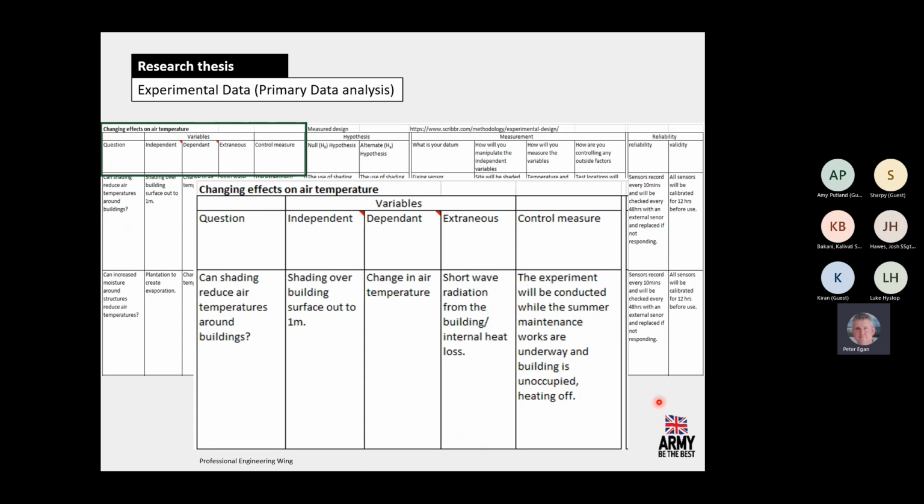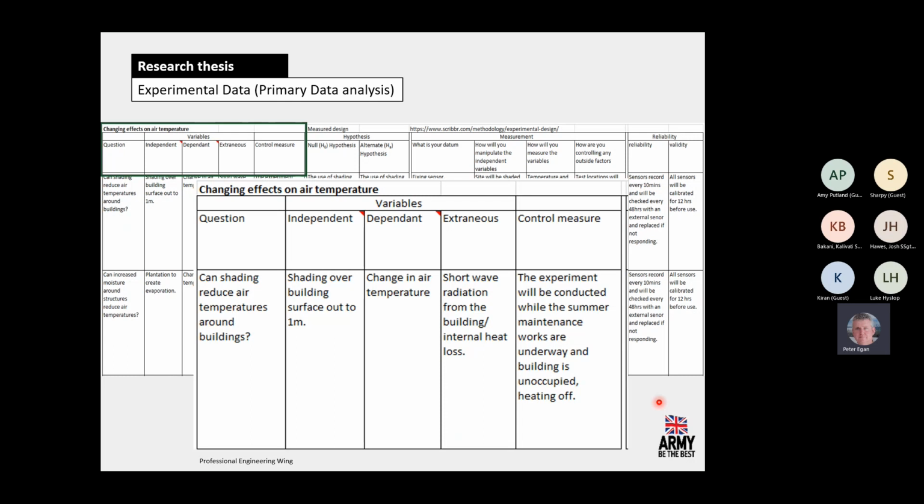And what they are is, your independent is the thing you are going to change. Okay. It's the thing in the experiment you are going to adjust. So in my shading one, I was recording data against a sensor in the shade. That's literally all I did. I put one sensor outside in the sun and one in the shade.